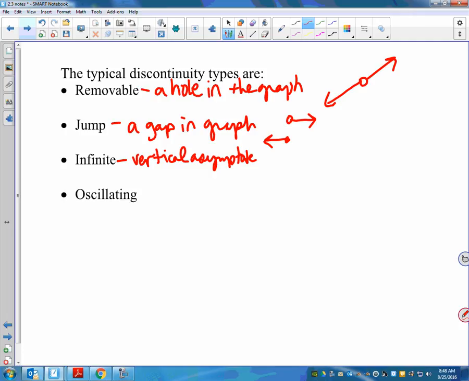Did we talk about oscillating discontinuity last year, when we talked about the calculus? This is an example of an oscillating discontinuity. It's one of those weird functions that we looked at last week on that worksheet.